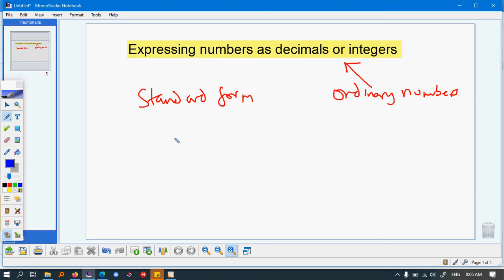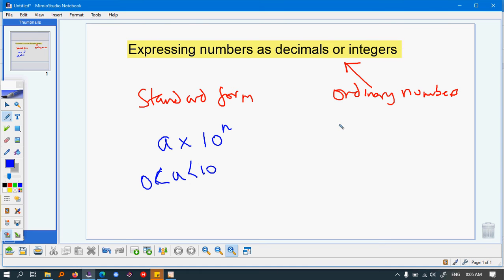Like we've already discovered, standard form is when we have a number written in the form of a times 10 power n, where your a is in between 0 and 10. That is, it is bigger than 0, but it is smaller than 10.